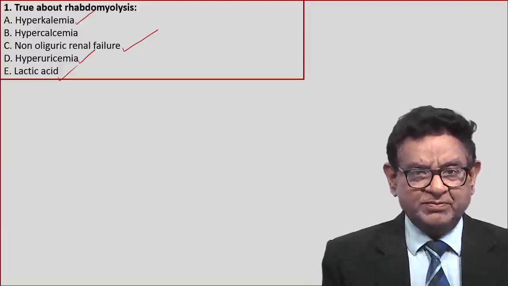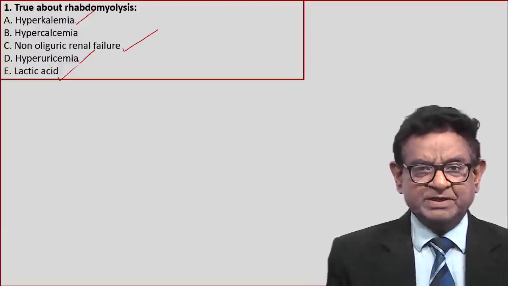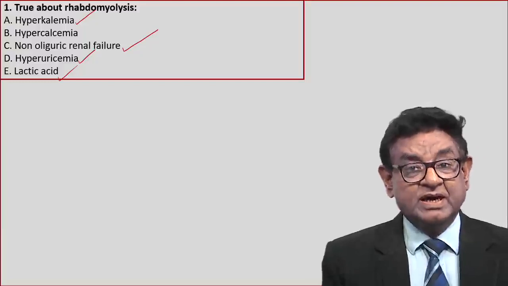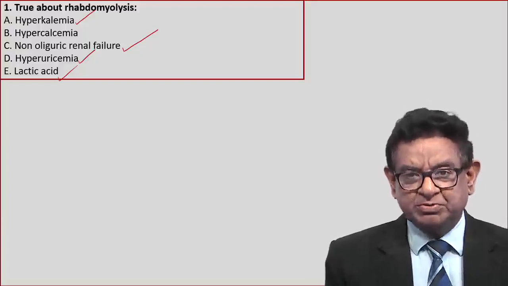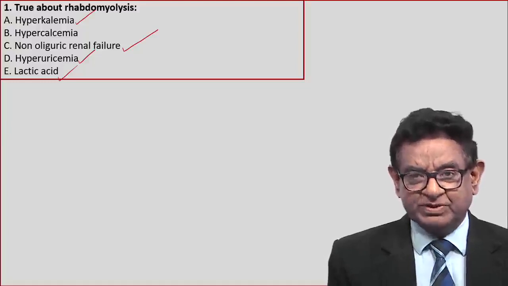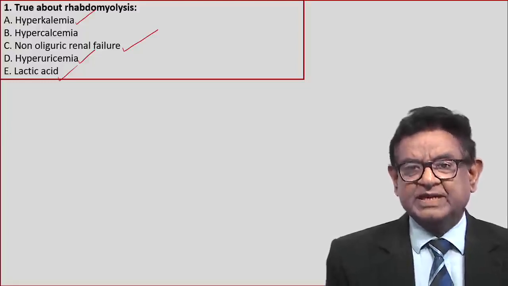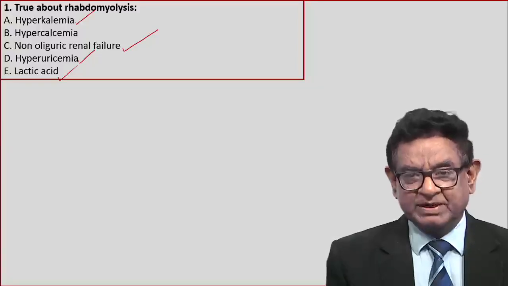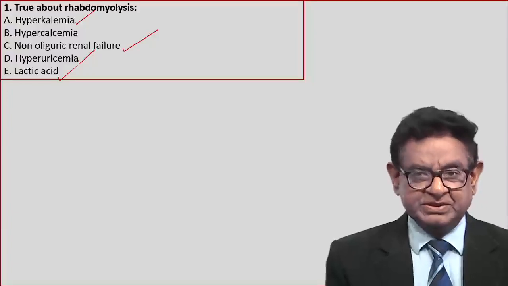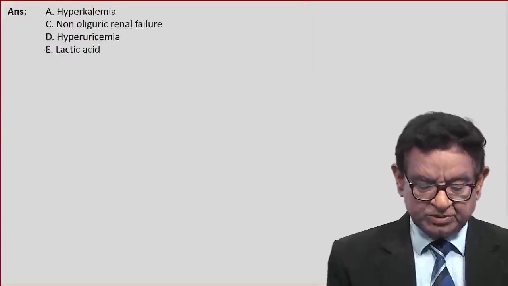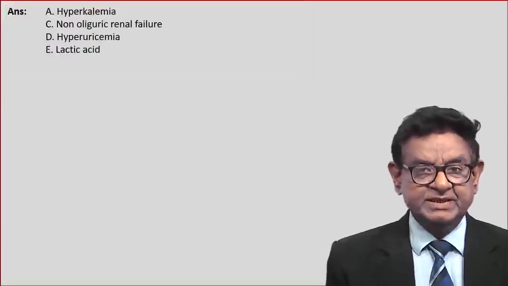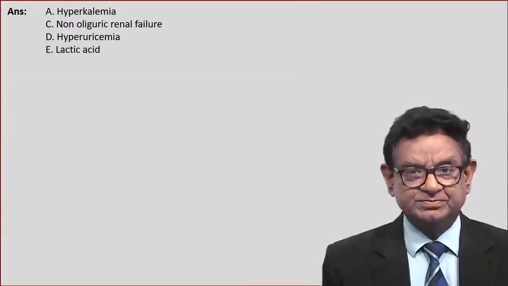The rule is, before planning chemotherapy, the patient should be given a high amount of hydration, and allopurinol should be started 48 hours before we start chemotherapy, again to prevent the effect of hyperuricemia. So the answer to question number 1 is A, C, D, E, as I discussed just now.